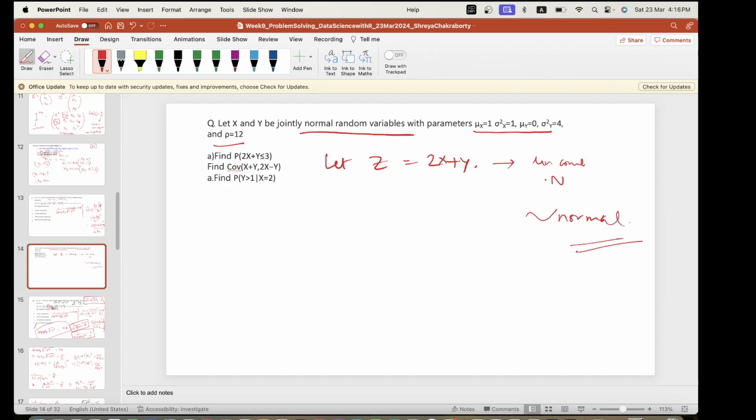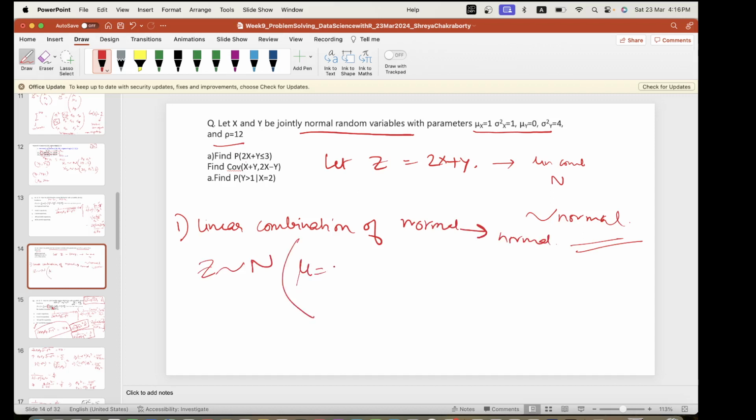This is one point: a linear combination of normal variables will also follow a normal distribution. So z follows normal. Mu would be expectation of z and sigma square would be variance of z.